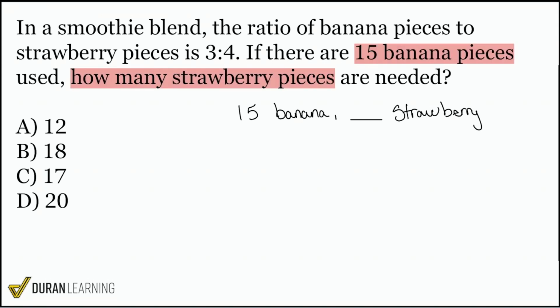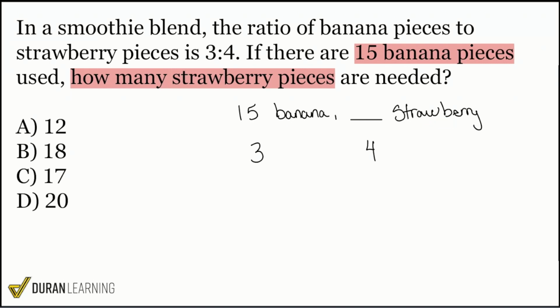There we go. Now let's take a look at the given information. It says here, in a smoothie blend, the ratio of banana pieces to strawberry pieces is 3:4. Now I'm going to write that ratio out. 3 first, and then the 4 second. Let me write that out right over here. Let's go ahead and just keep using black. So I'll write 3 and then 4. Now, don't go off of this. Do not go off of this, everybody.